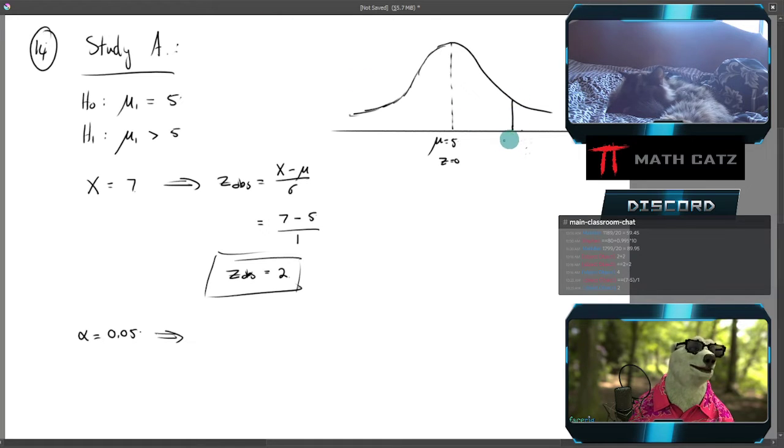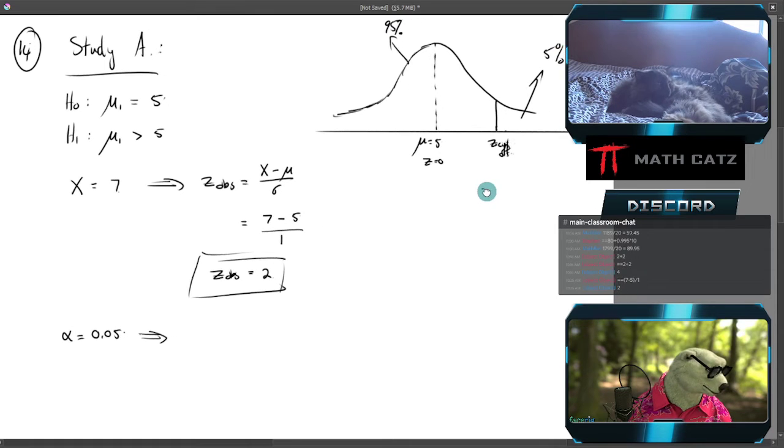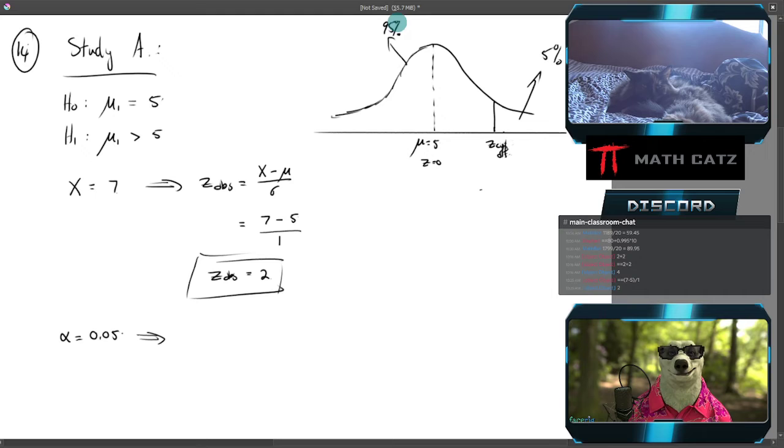That's going to be my cutoff z-score. So that in the tail will be 5% of all the scores, and then, of course, 95% of all the scores over here. Let me just move this a little bit so you can see the 5%. There we go. And 95%, of course, on the other side.